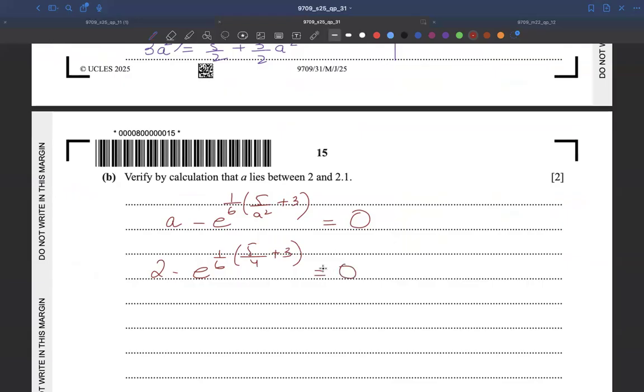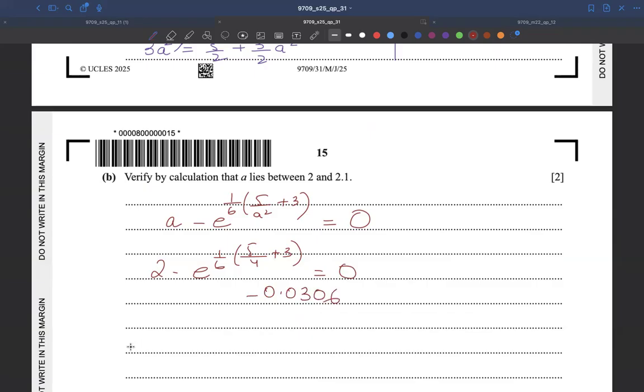So first let's do 5 upon 4 plus 3, that is 17 upon 4, multiplied by 1 upon 6, that is 1 upon 24. So you'll get e to the power of 17 upon 24, and then 2 minus the answer, we are getting minus 0.0306.